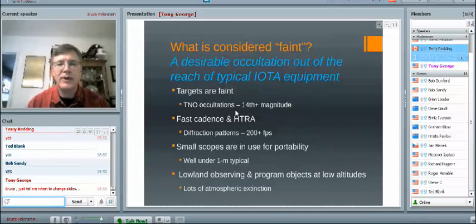For example, observing diffraction patterns where we may want to operate at 200 frames per second or faster, where small scopes are in use, primarily for portability, and typically they're well under 1 meter, or in lowland observing sites, or when the program object is at a low altitude and there's lots of atmospheric extinction. So the next slide, please.